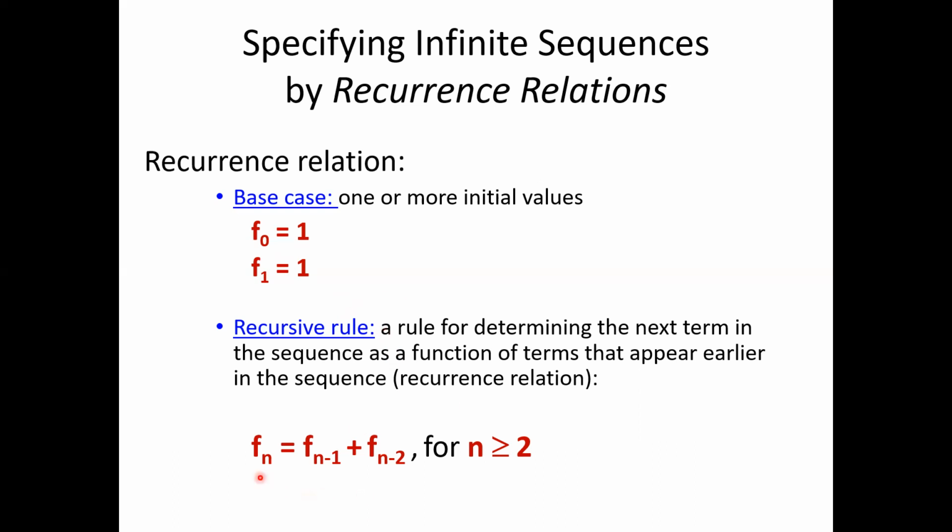Instead, you define them using this formula, which is a recursive formula, because it defines the nth element of the sequence as some function of previous elements of the same sequence. In this particular case, it defines the nth element as a sum of the n minus first element and the n minus second element.